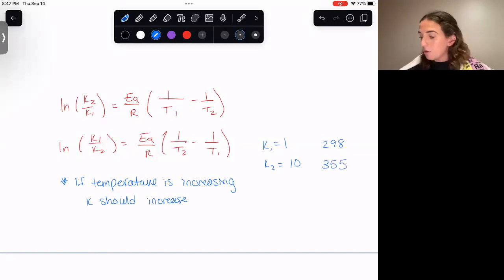It doesn't really matter, but you should expect your lower values to be related to each other and your higher values to be related to each other. If you do all of this math and your higher temperature now has a lower K than before, that should trigger a red flag that you did something wrong. Let me go back to my equation and see if I plugged this in correctly. Okay.